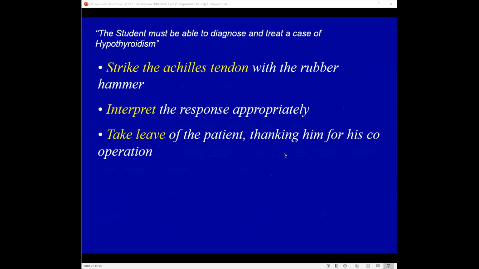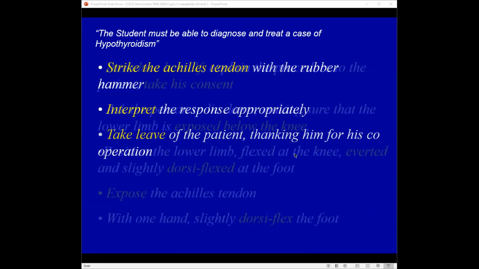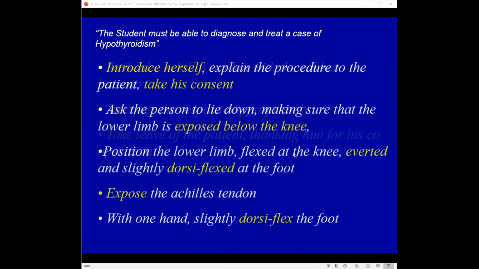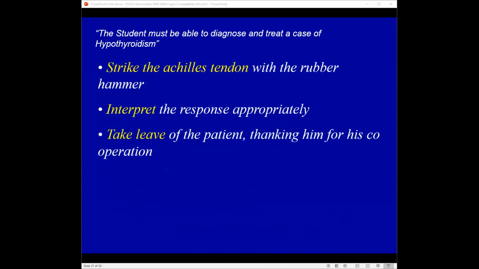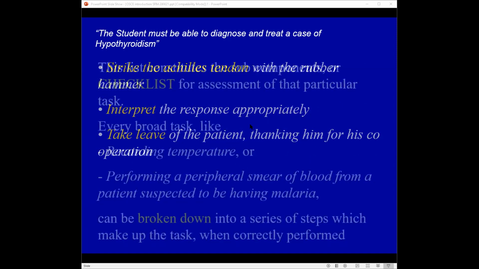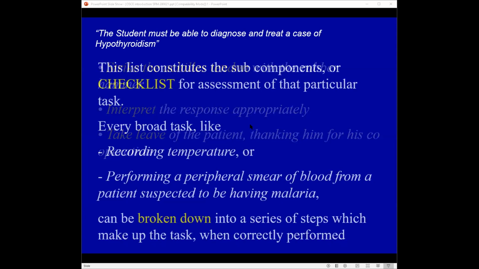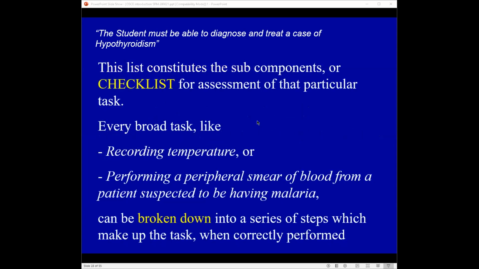Now, these are the sub-tasks of the broad task, recording response to the ankle jerk, right? So we have now broken the main task into subtasks. Actually, what we have done is we have listed what we call the checklist for assessment of that particular task.